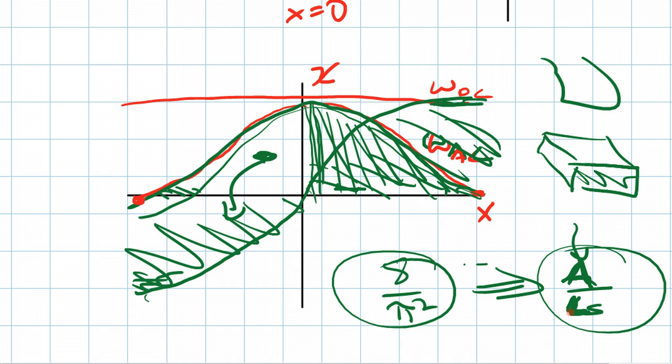The second is this L. As you increase the length, you may intuitively think that it's going to be more difficult to pull. But think about this: you have a really long rubber band, and you're pulling on it, and a really short rubber band. You can pull on the long rubber band with a small force.